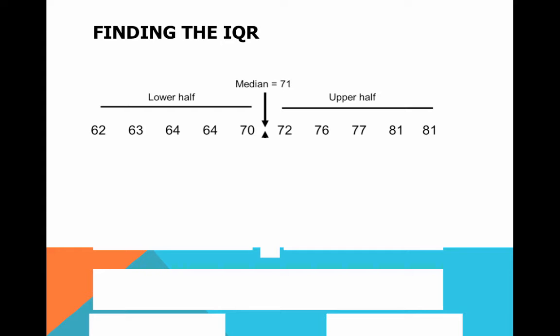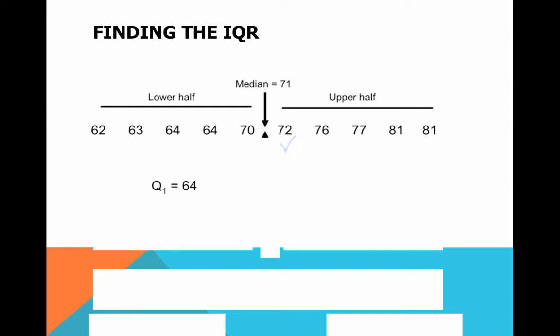Now that we've identified our lower and upper halves, we need to find the midpoint of each of those halves. How do we find the midpoint? Same formula, n plus 1 over 2. On the lower half, 5 plus 1 is 6, divided by 2 gives us the third position, which gives us Q1, the first quartile, also known as the 25th percentile. We do the same thing for our upper half. We have 5 numbers plus 1, which is 6, divided by 2 gives us the third position.